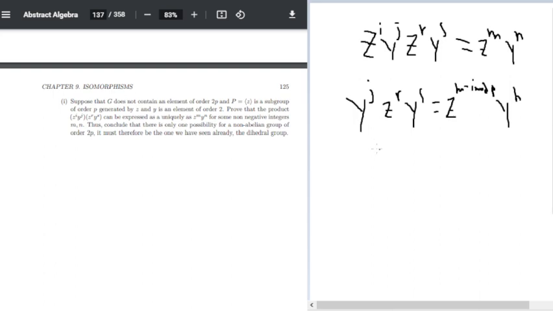Which shows us that then we multiply by y^j, z^r is equal to z^(m-i) mod p.